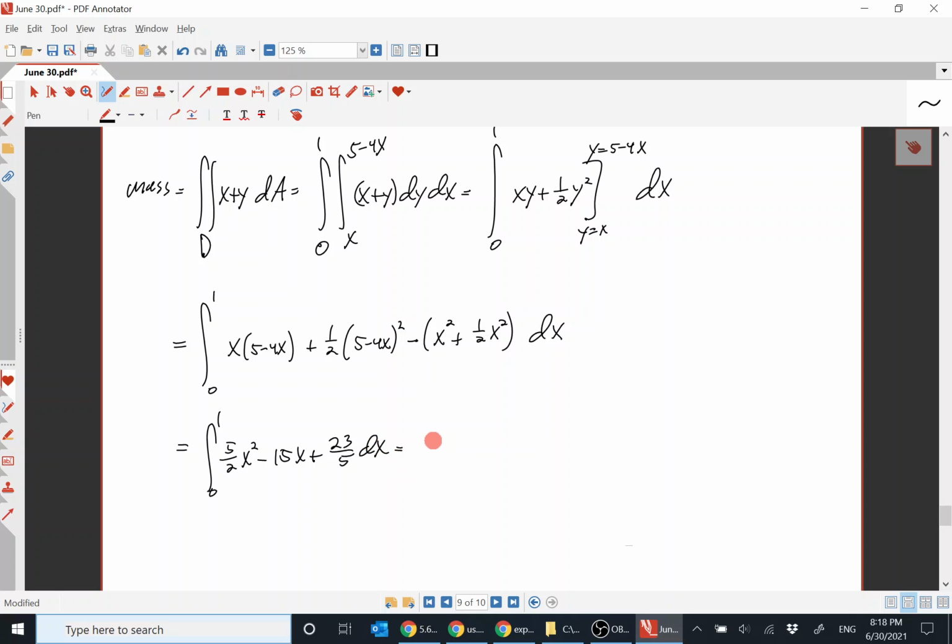So that becomes 5/6 x to the third minus 15/2 x plus 23 over 5x from 0 to 1. So this is equal to 5 over 6 minus 15 over 2 plus 23 over 5.